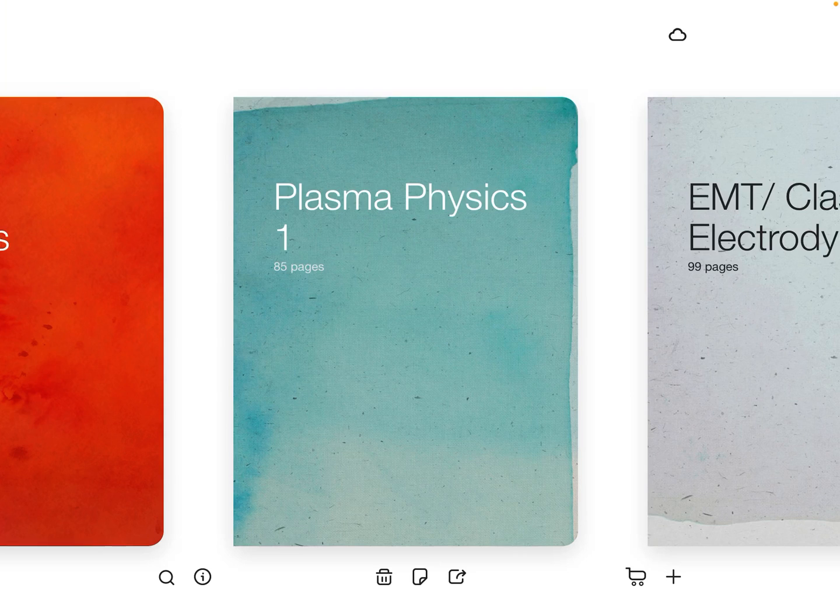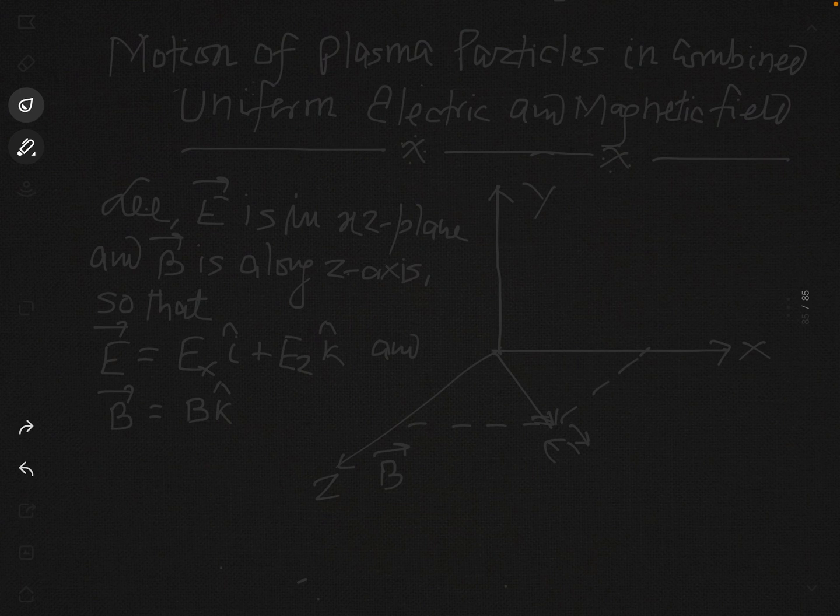In that case, we found that the plasma particle describes a circular orbit about a guiding center, and that guiding center was fixed. Now our aim is to discuss the motion of plasma particles in combined uniform electric and magnetic fields. That is a region where, along with the uniform magnetic field, an electric field is also present.